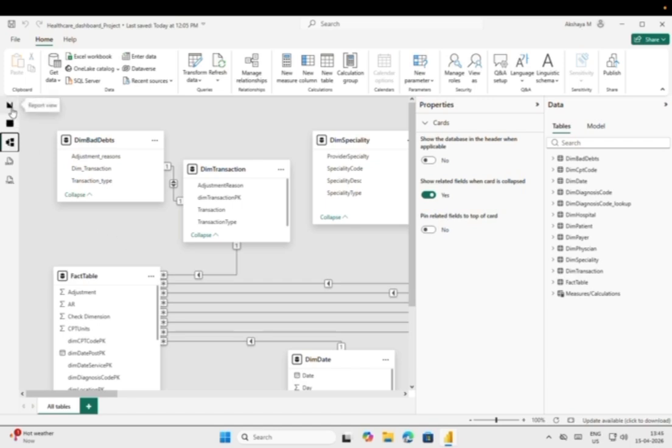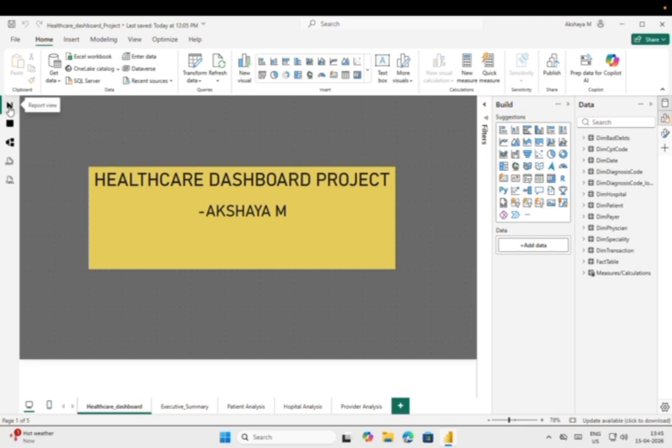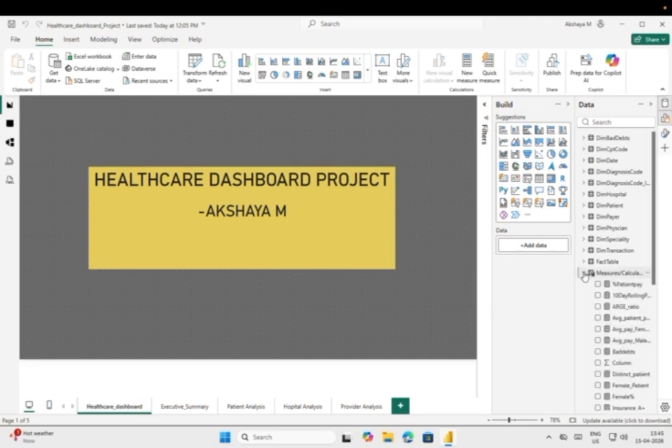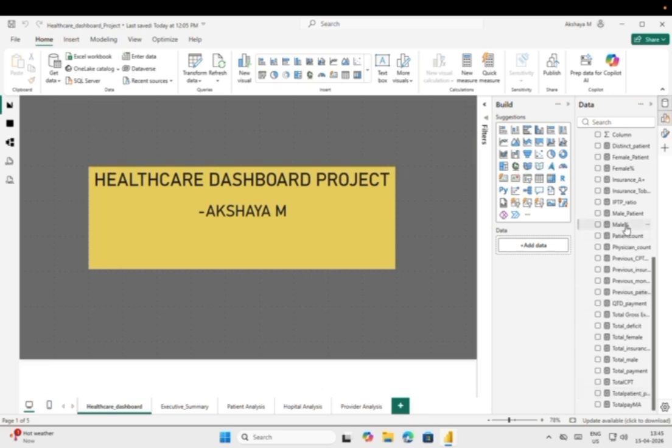And then let's go back to the report view. Here I created a separate table for all my measures and calculated columns, where I have created more than 20 measures for this project, like percentage of patient payment, average patient count, what is the percent of female, what is the male percentage, patient count, physician count, total gross expenses, total deficit, total female, total insurance amount, total male.